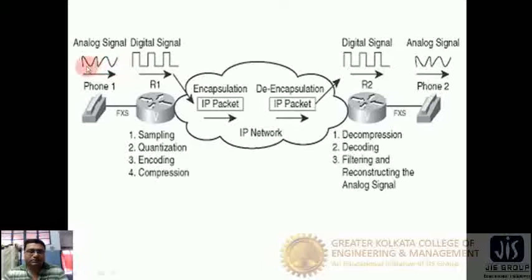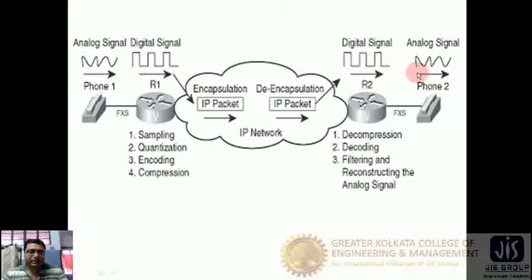The signal, its voltage, is continuously changing with respect to time. It is the output of a microphone, and we have to process this continuous signal into digital to transmit with the help of an IP network, the internet protocol network, and send this signal to the receiver end.